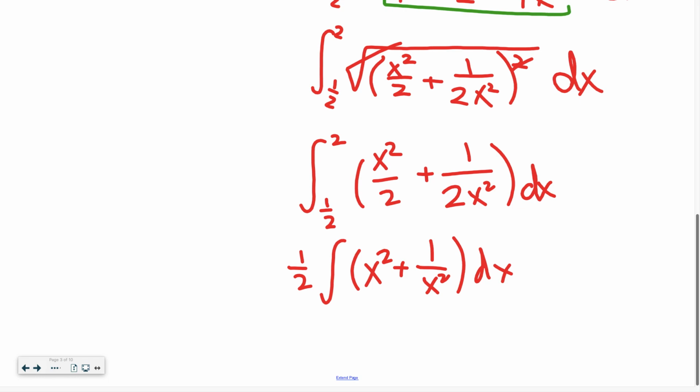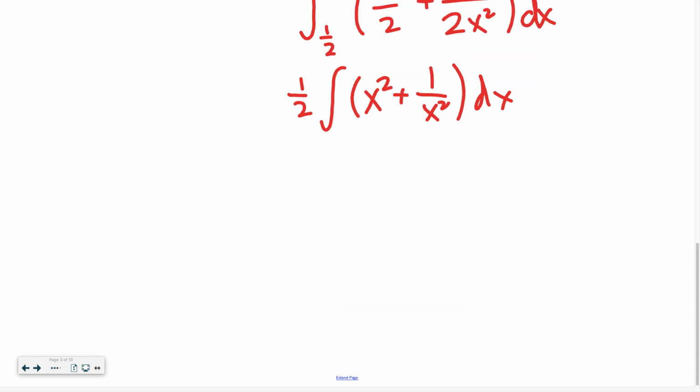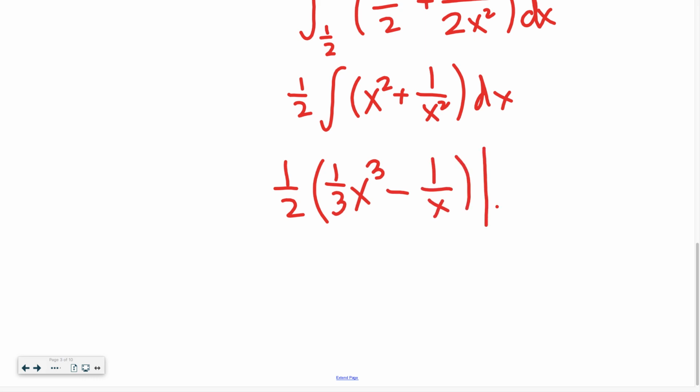Okay, I like it. He's thinking ahead. Now what's our antiderivative? 1/3. Evaluated from 1/2 to 2.